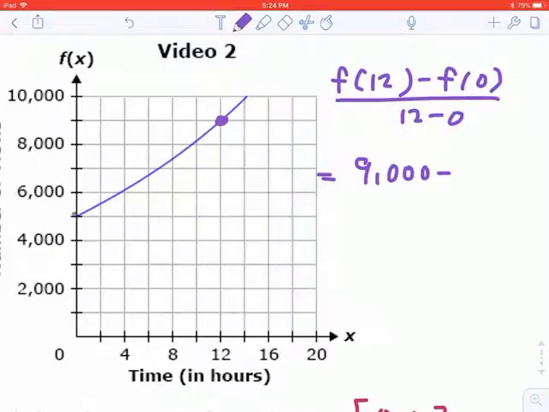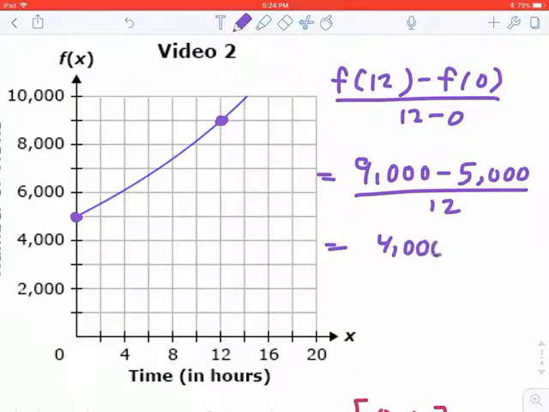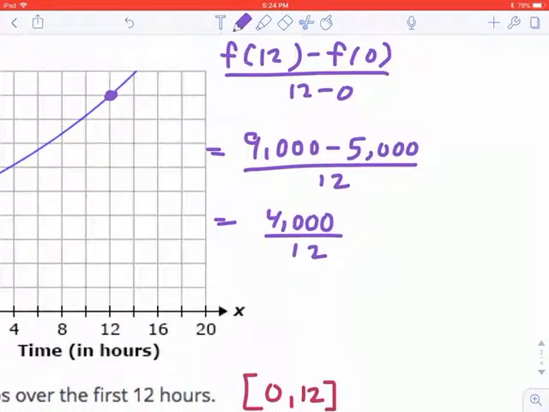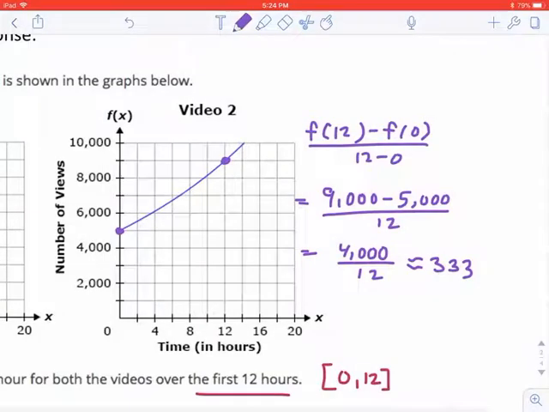And I'm going to subtract 5,000, all over 12. I've got 9,000 minus 5,000, which is 4,000 all over 12. And I don't think that one goes into it evenly. It does not. We get about 333. So that's my average rate of change for video 2.